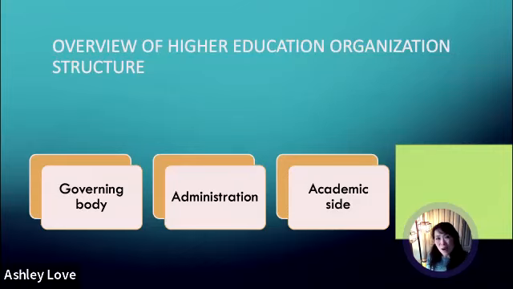What's different about higher education organization is there's an academic side. In other industries they have a learning or professional branch, or it could be a department. The academic side is all over the higher education organization structure. That's the unique aspect of it, just because that's what they're there for.